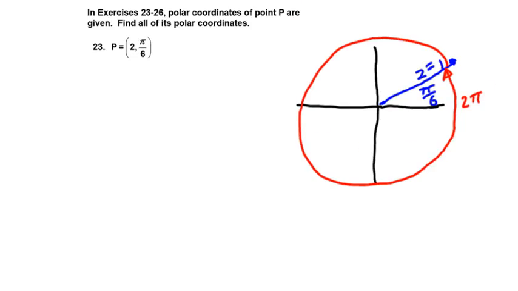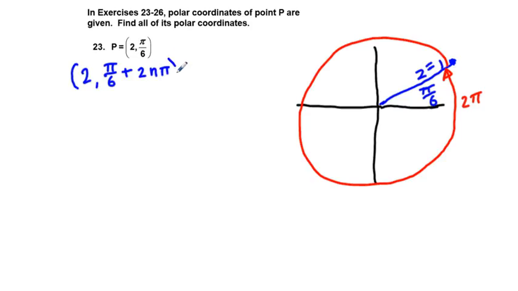So what that gives us is we can rewrite this and have a more broad statement as 2 comma pi over 6 plus 2 n pi.